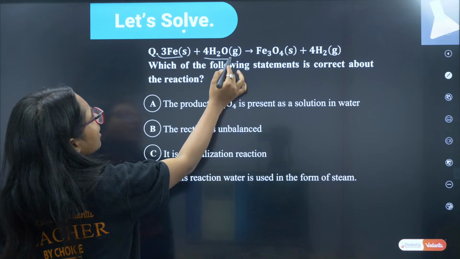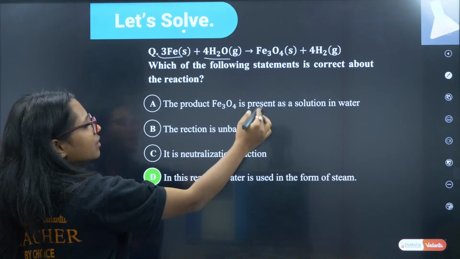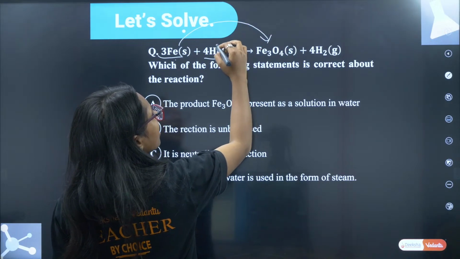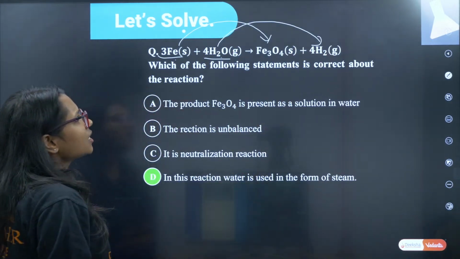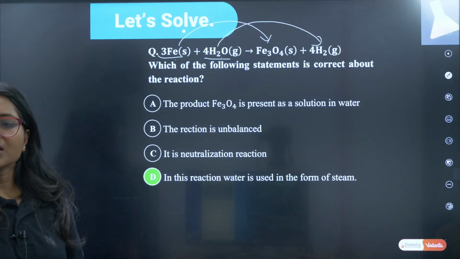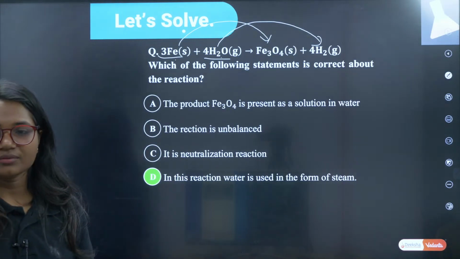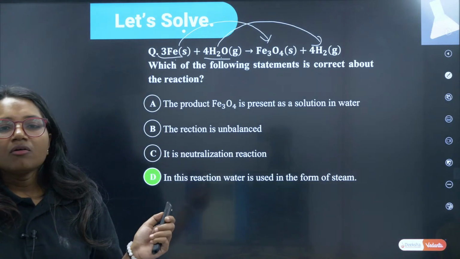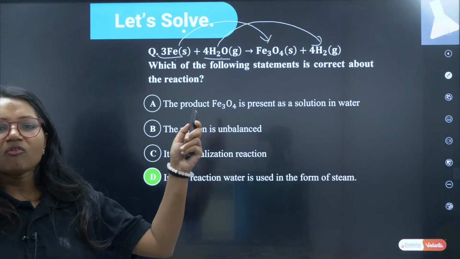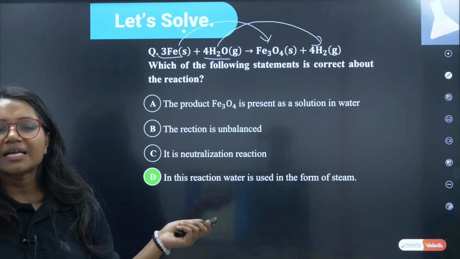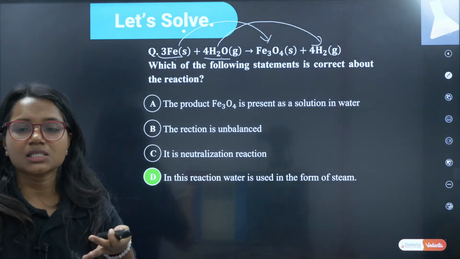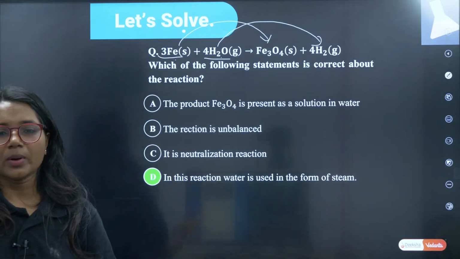Iron and water, it is forming iron oxide and H2 gas. It is just a combination reaction. It is not a displacement reaction. Okay, fine. We have to find out the correct statement. The correct statement here is that the water is a steam. What does steam mean? The vapors, not solid, not liquid.